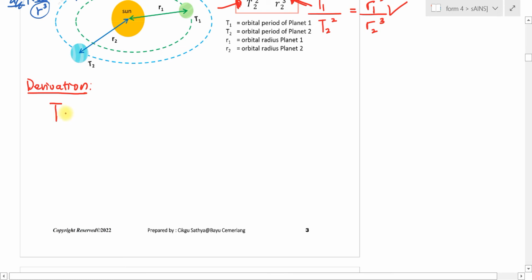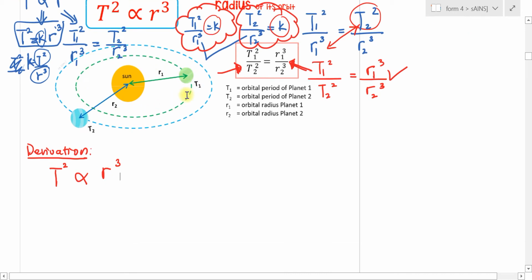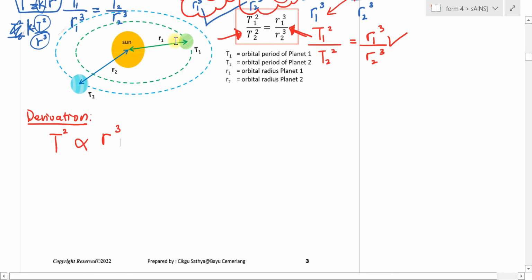T square, the period squared, is proportional to the radius cubed. So, let's say I have the first one. You see the green color radius? Green color orbit. We have the planet and then we have the R. So for the green color one, I will use T1 over R1.